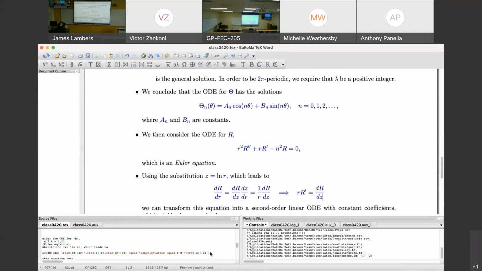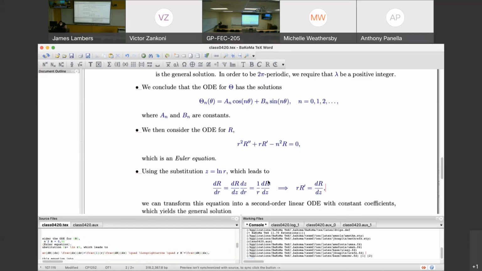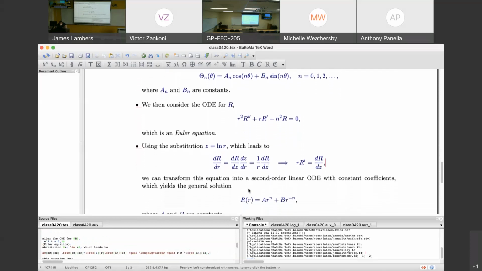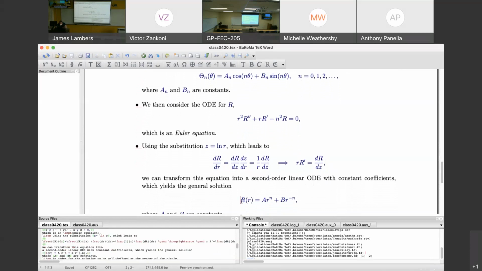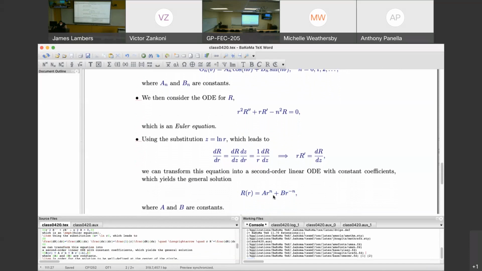And I won't go through all the details of that here, but what we get from a solution, once we solve this simplified ODE of constant coefficients and then change variables back to our original independent variable little r, our general solution has this form. So little r to the n plus little r to the minus n, for some constants a and b, which will end up being determined by the boundary condition.